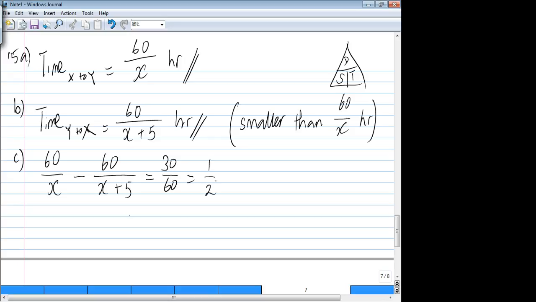Simplify, this is half. Forming the equation already, then we need to convert it into the form of ax squared plus bx plus c equals 0. And to do that, like what Gail said, we have to make sure they have the same denominator, because before we can subtract one fraction from the other.